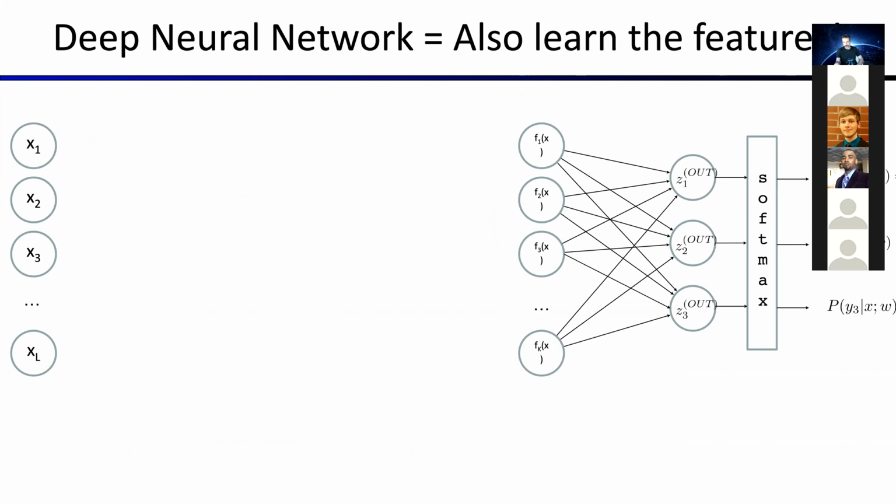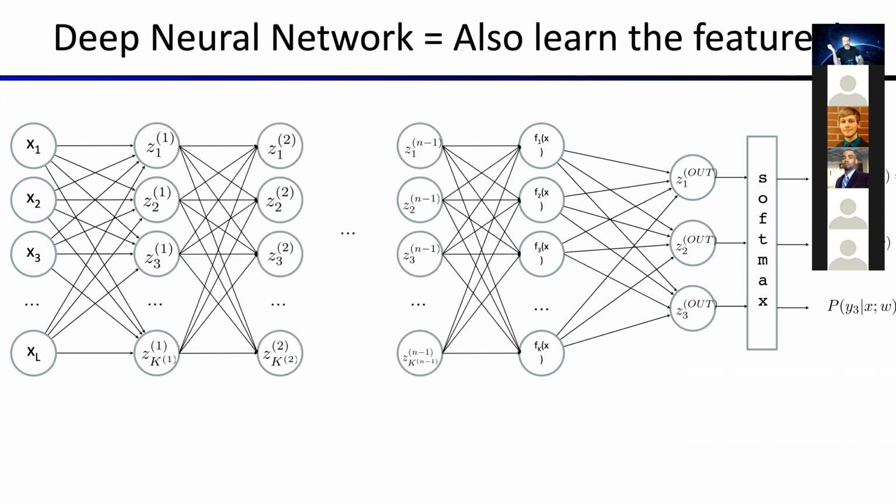And the way you do it in a neural network is really by repeating the same sort of transformation that you saw here. So here you have some transformation going on from your feature space to your activation. You repeat the same, but now multiple times. So you have different layers.